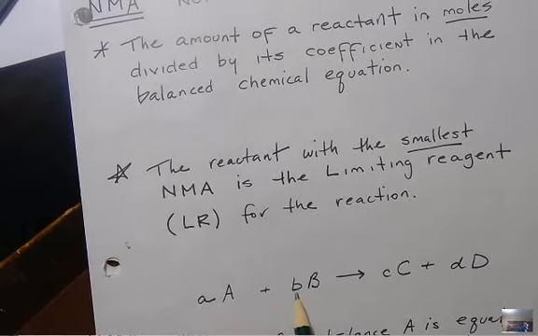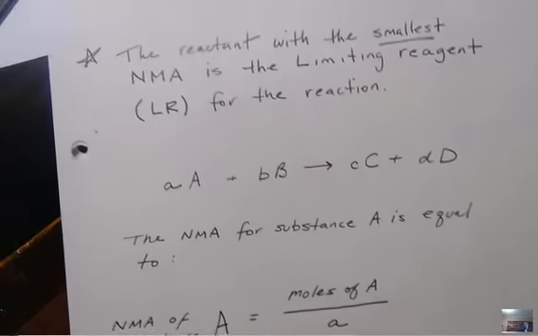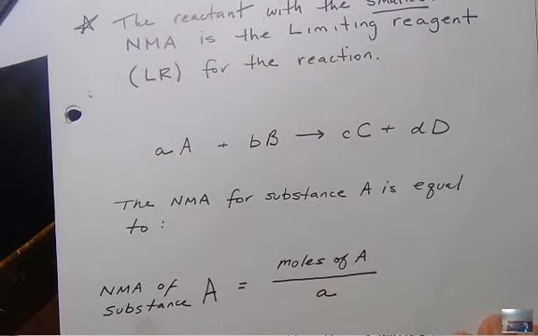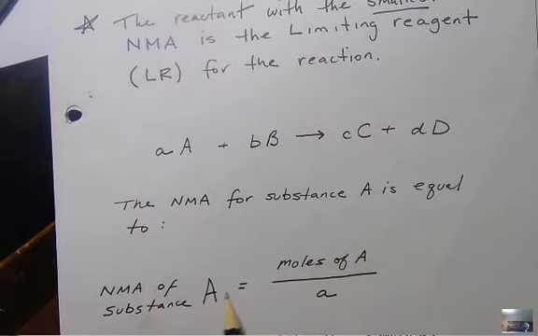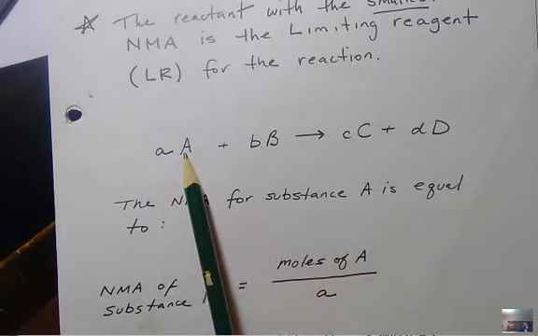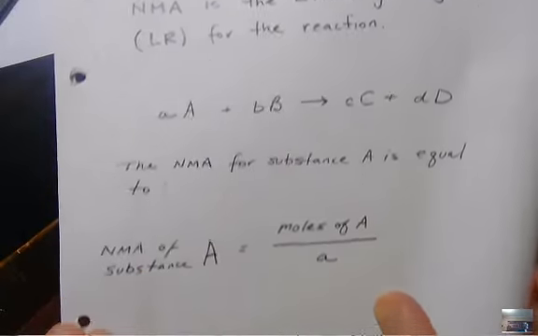So it really does come in handy where you would just take A divided by 2 if that was its coefficient, and B divided by 7. You don't have to worry about it. Whichever one comes out smaller is the limiting one. So the NMA for substance A is equal to the moles of A divided by a. And you get the moles from the grams using the molar mass like we learned before.